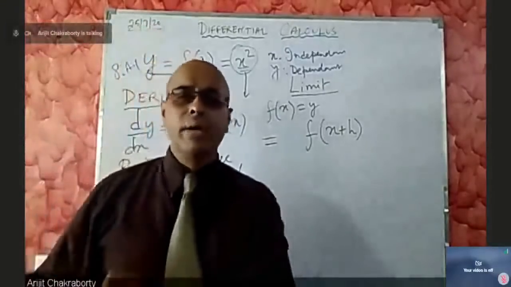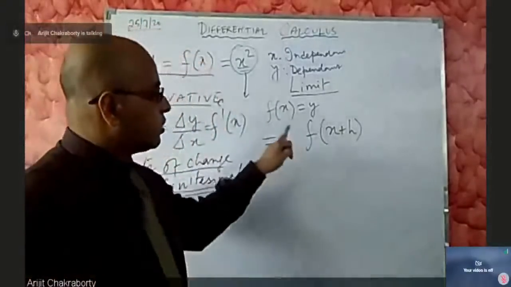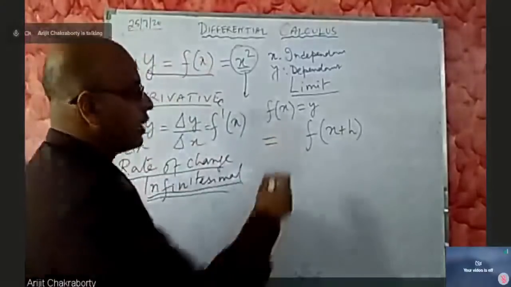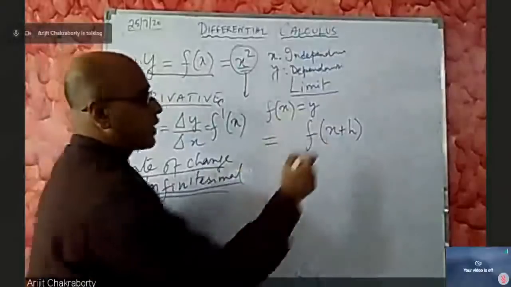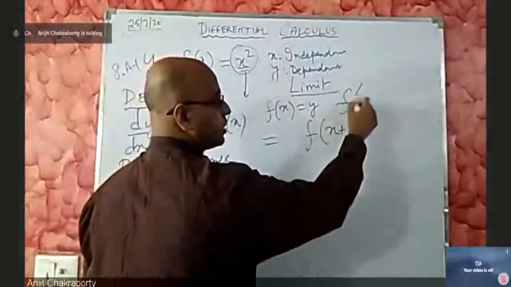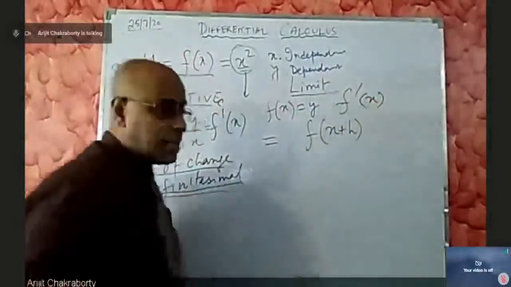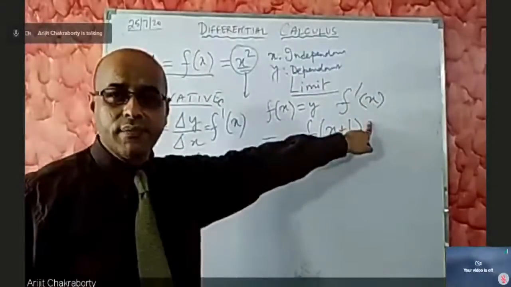Understanding the formula, right? So, when we say that y is a function of x, and I want to find out f dot x, that is the derivative of x.